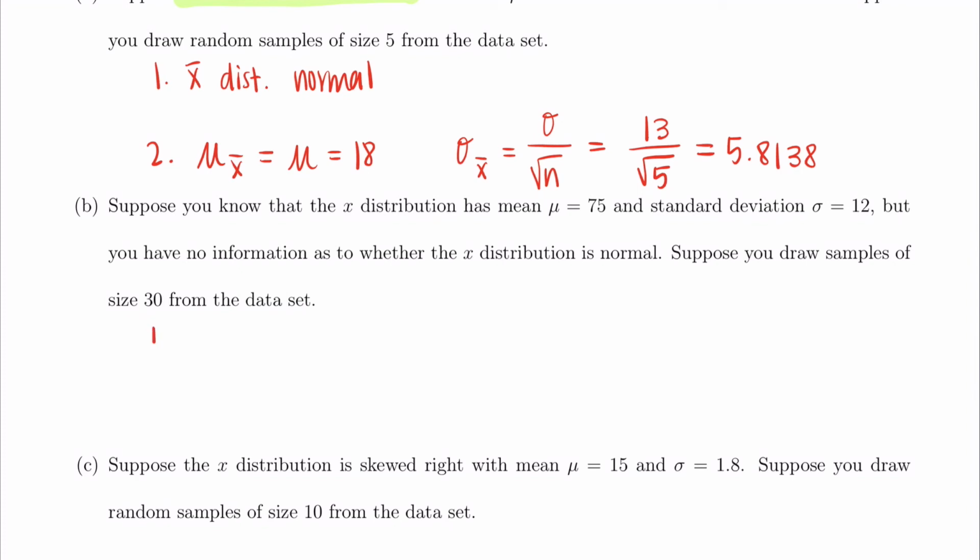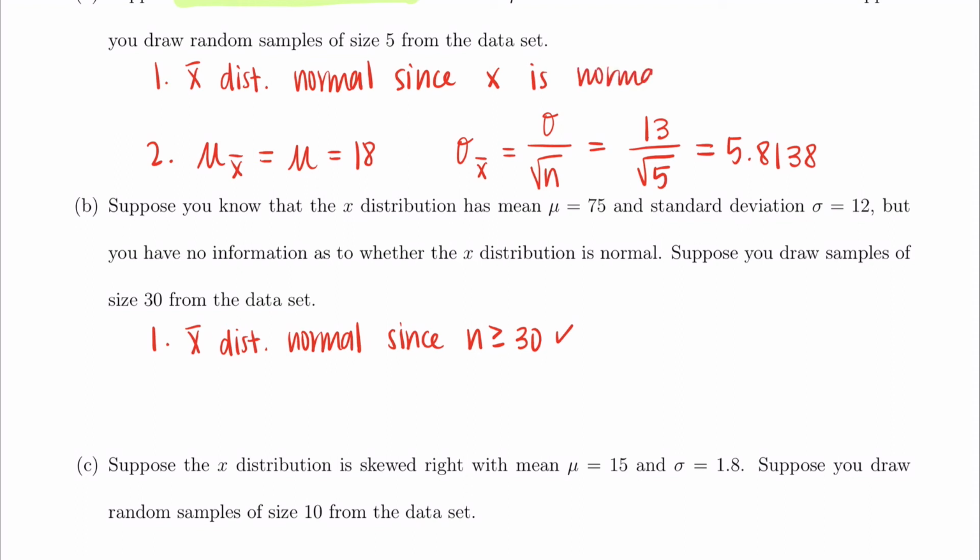So the x-bar distribution is normal since n is greater than or equal to 30.